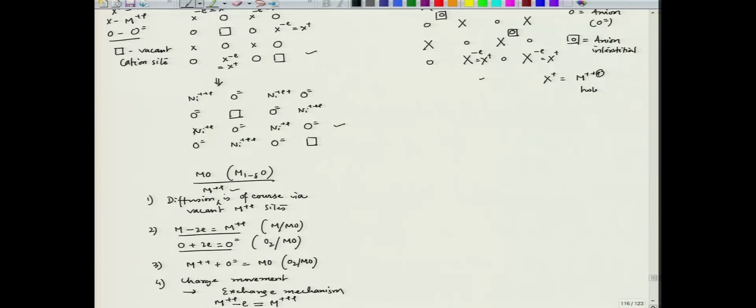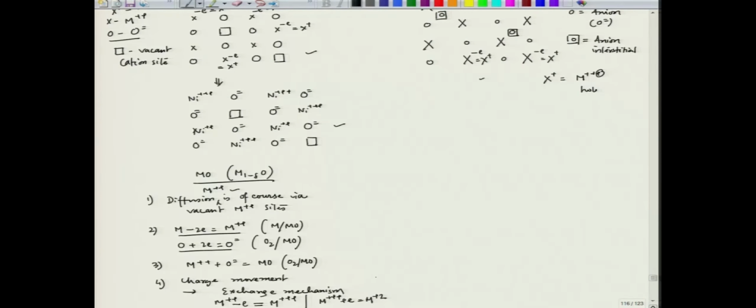Like that it will move, or you can also write it like this: M plus plus plus plus electron equal to M plus 2. Like that, the charge would move.